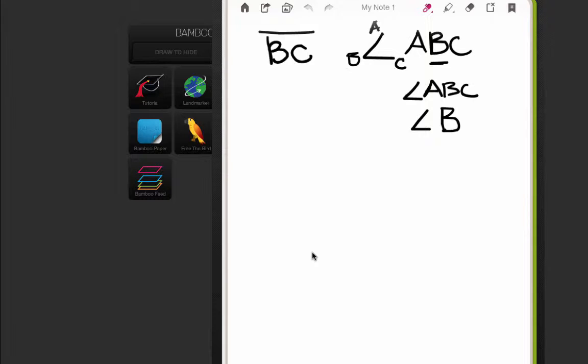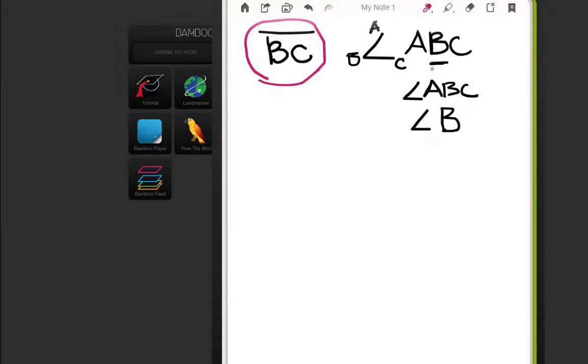Now, before I begin, let's review a couple things that we've talked about before. First of all, we've talked about line segments, and we know that putting two capital letters with a little line segment on top tells us that this is a line segment. We also know that three letters with the center letter tell us what the vertex is.